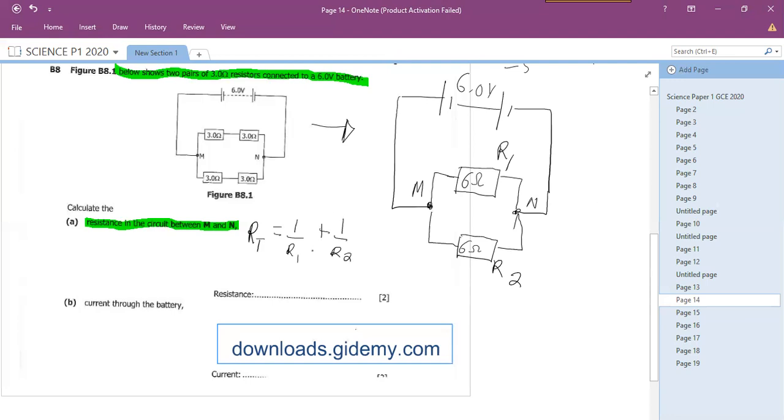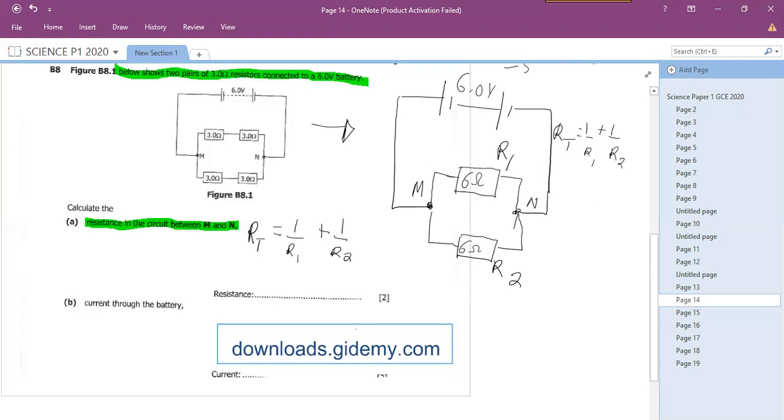That's the formula we're going to use. So R total is 1 over R1 plus 1 over R2, and the resistance between these 2 points is the total resistance in the circuit.